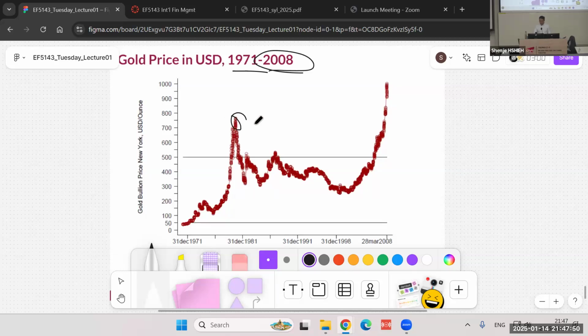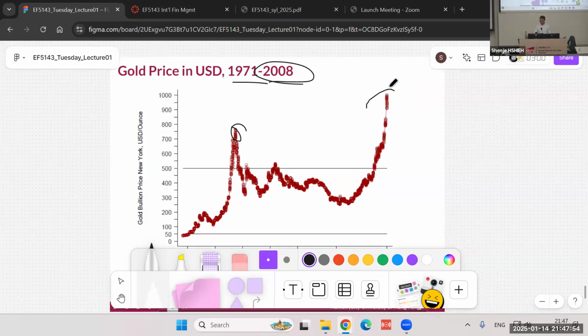There was a bank crisis here, so people moved away from dollars to gold. And here we know what happened. There was a liquidity shock. The banking sector overleveraged in toxic assets, MBS, mortgage-backed securities. People abandoned the treasuries and dollars and moved towards other safer assets like gold. So gold prices spiked.